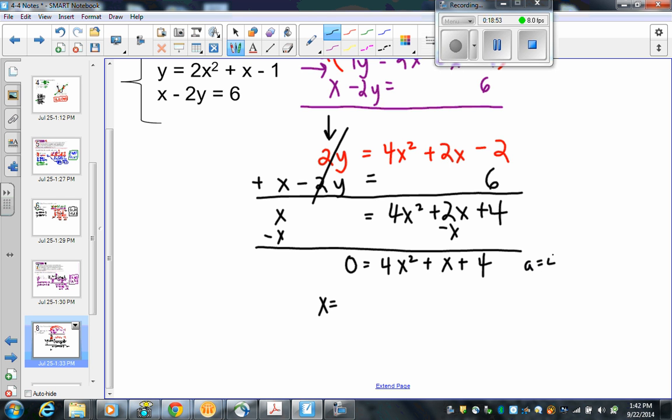Our a value will be 4, our b value will be 1, our c value is also 4. So that gives me the opposite of b plus or minus the square root of b squared minus 4 times a times c, all over 2a.